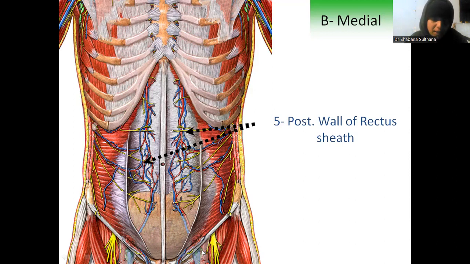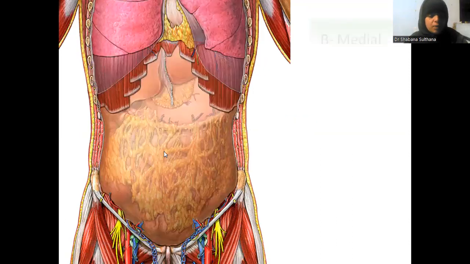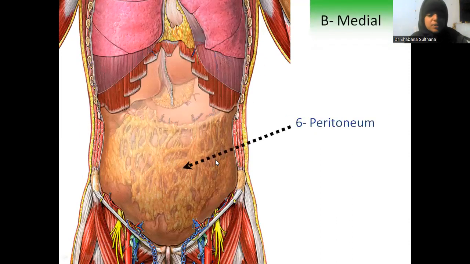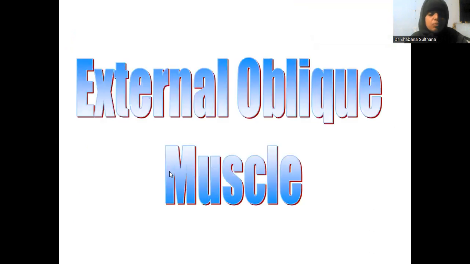Do you remember superior epigastric is a branch of which artery? Internal thoracic artery. So, this is peritoneum.